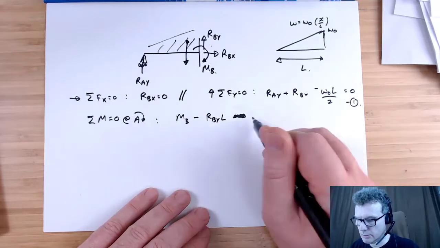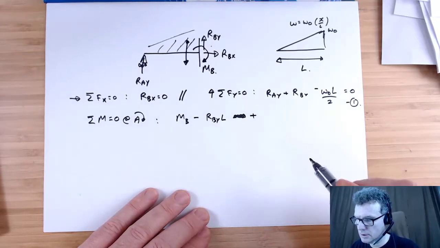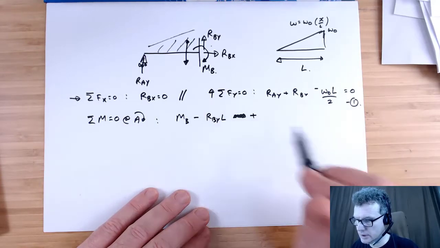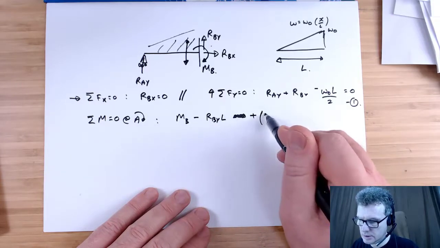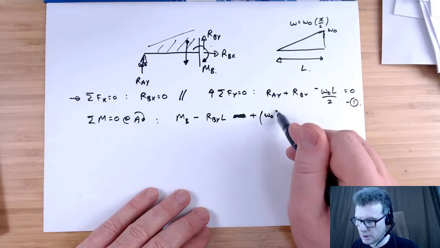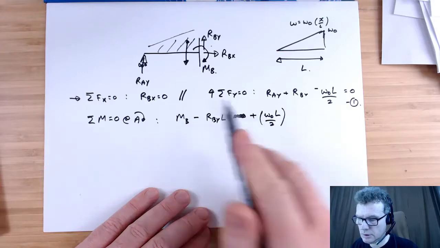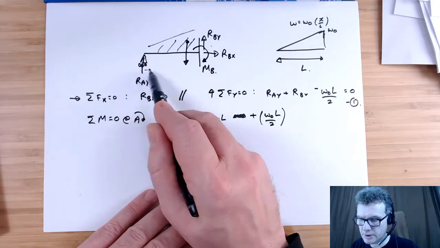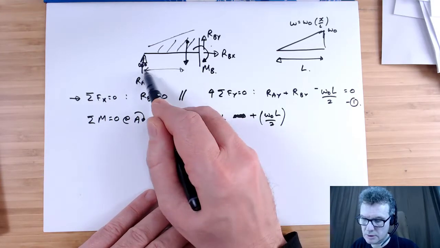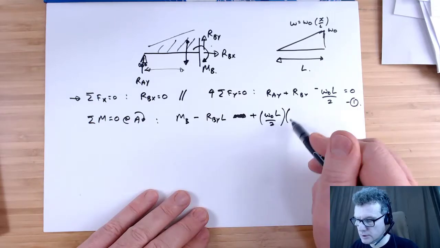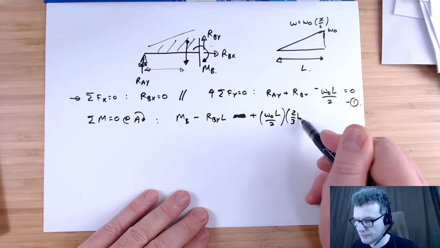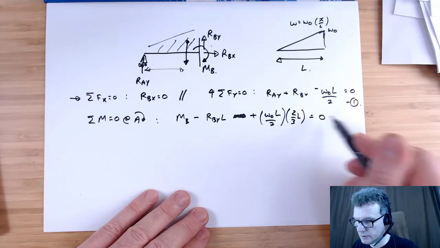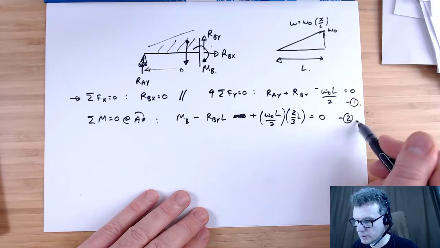This is going to be a positive. Its weight is that W0 L over 2 multiplied by this distance from here to here, which is 2/3 L, equals 0. That's my second equation.